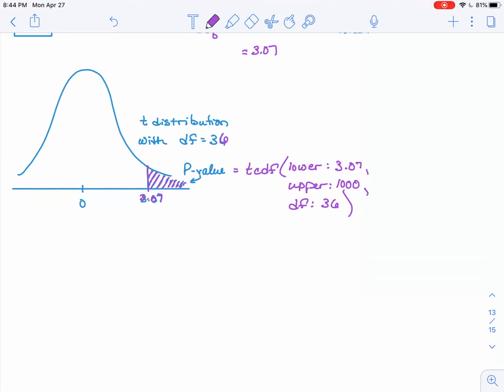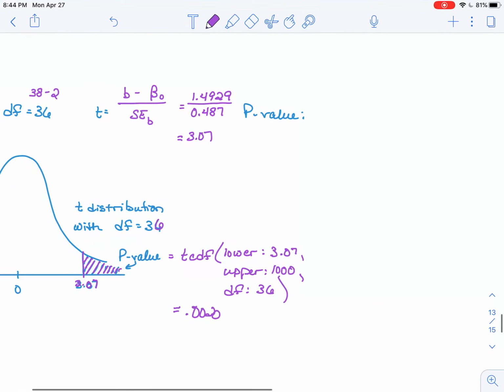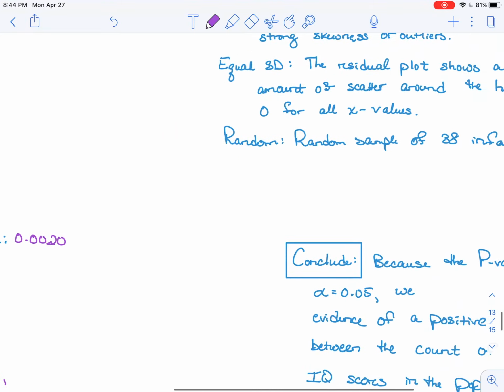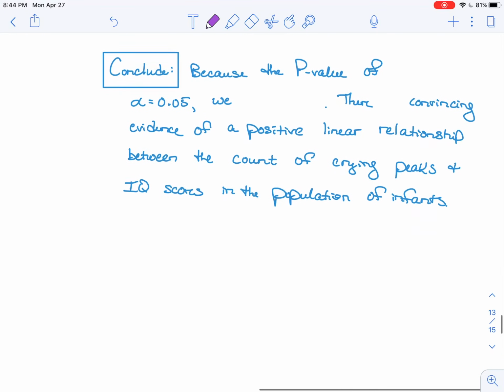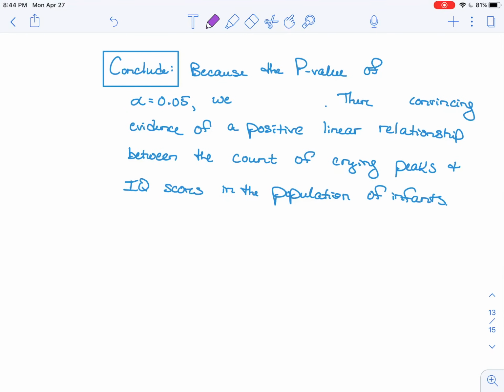When I put that in my calculator, I'm getting a very small number. My p-value is 0.0020. So it's small. It's definitely going to be smaller than any value of alpha I would have picked.